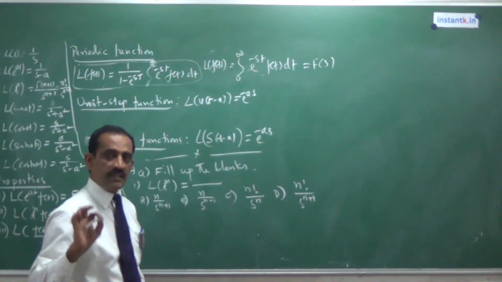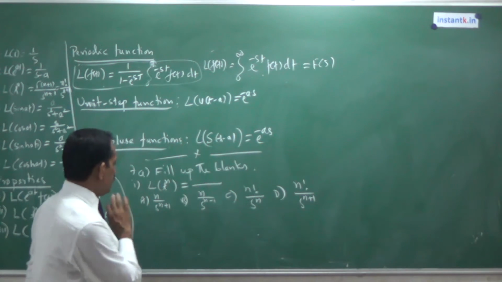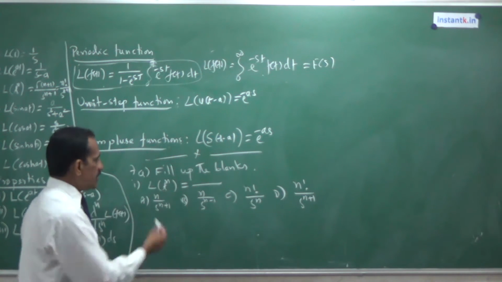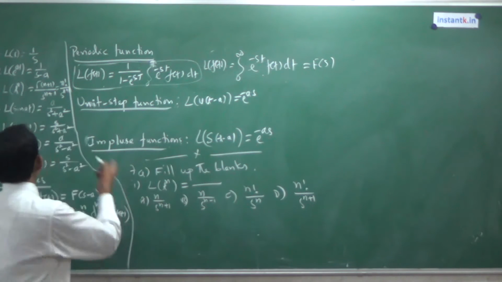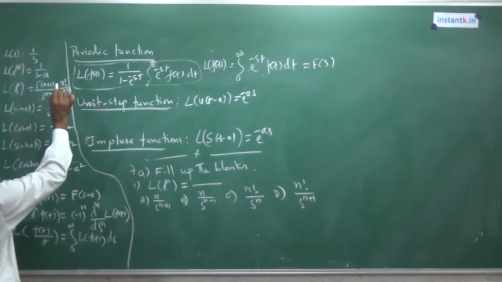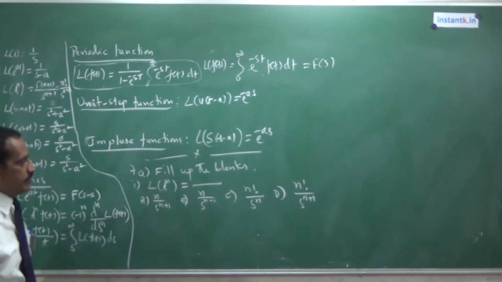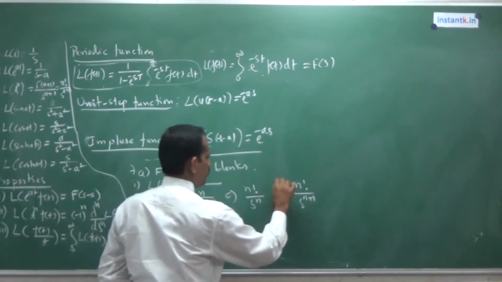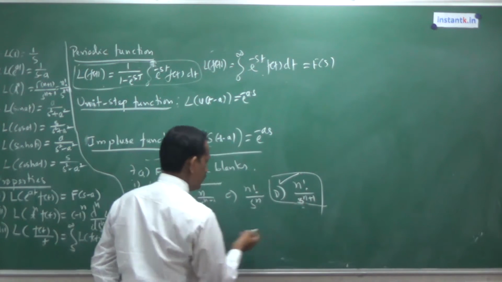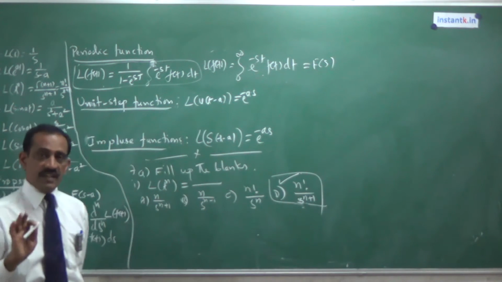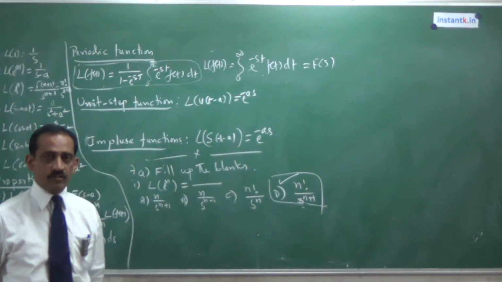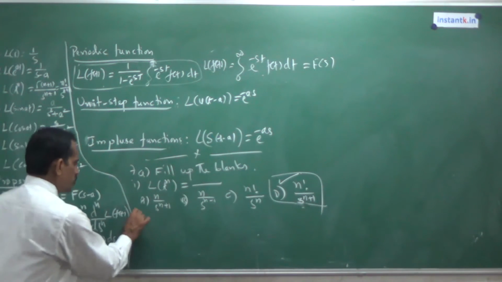Assuming that n is an integer, the Laplace transform of t to the power n is gamma n plus 1 divided by s to the power n plus 1, which means n factorial by s to the power n plus 1. So that is the fourth option, the correct answer. But it must be mentioned what n is. If n is a positive integer, we can write it so; otherwise, we can't write factorials, but that option is not given.